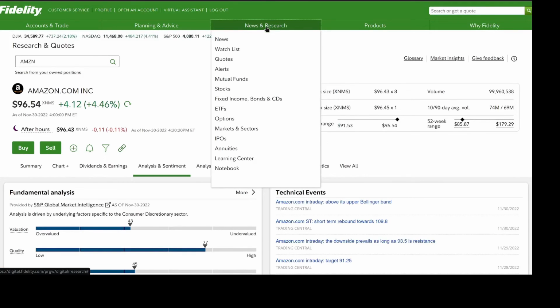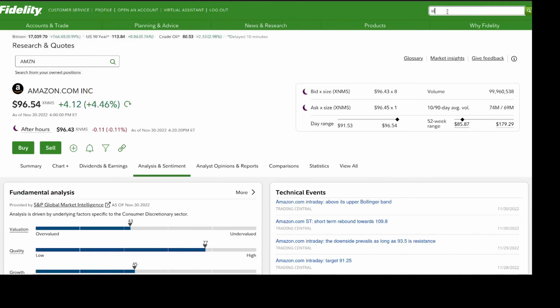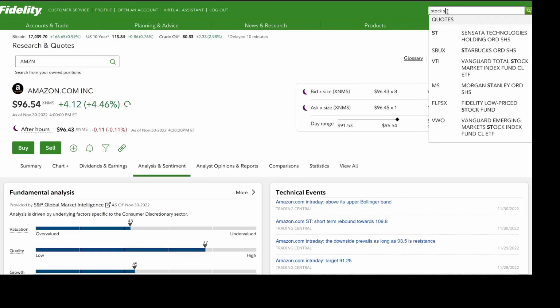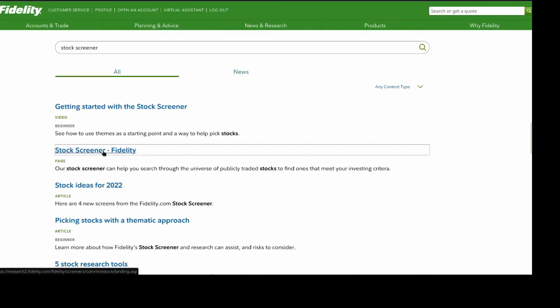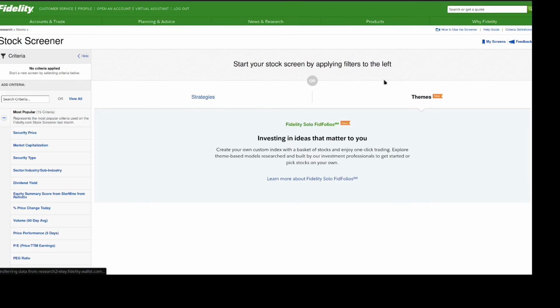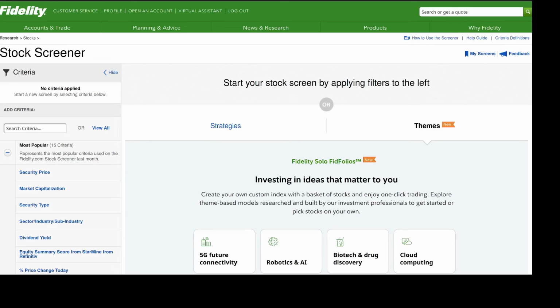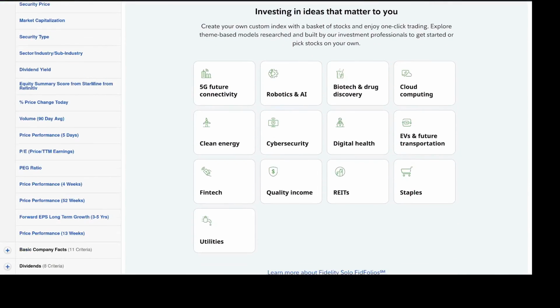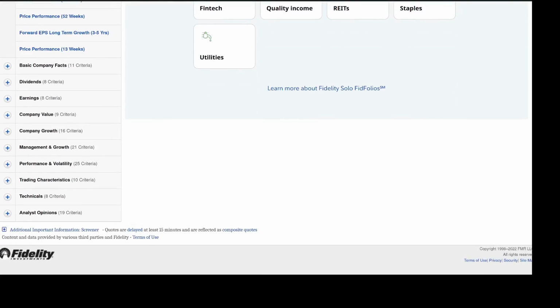So if we want to do a stock screener, we can do that. Now they have a lot of information on their stock screener, but it feels a little bit cluttered and messy, whereas to me Charles Schwab feels more organized.